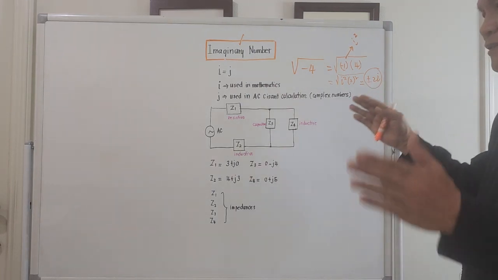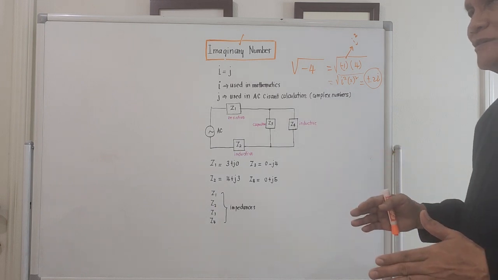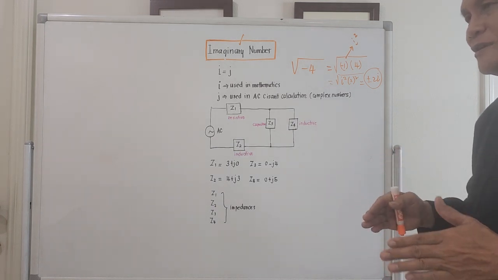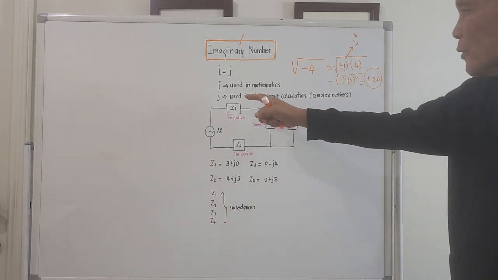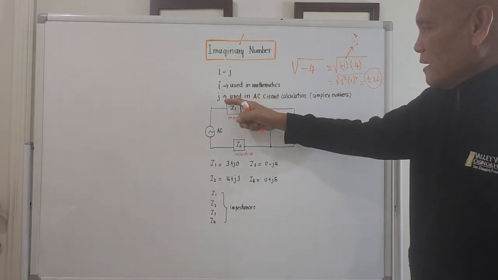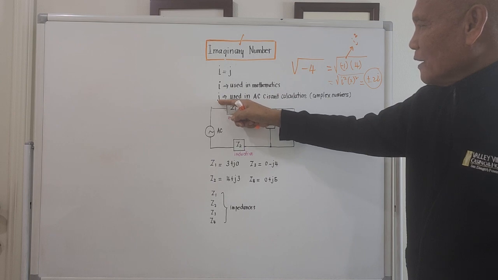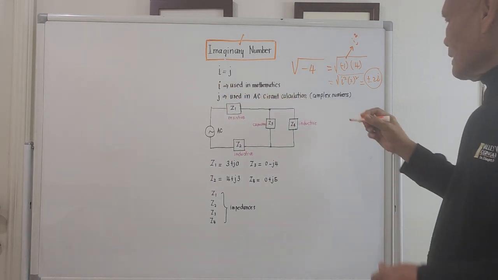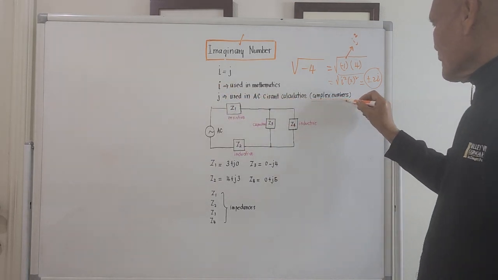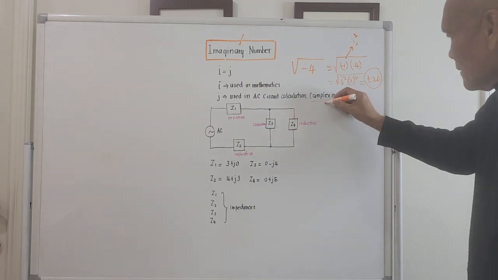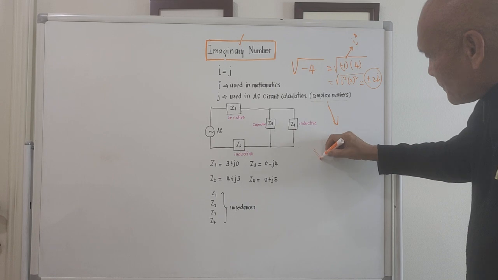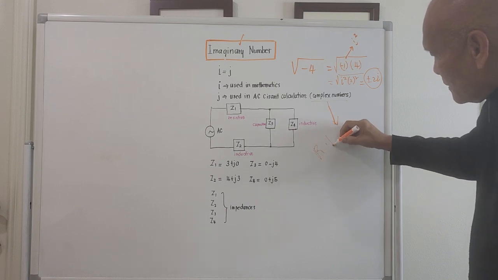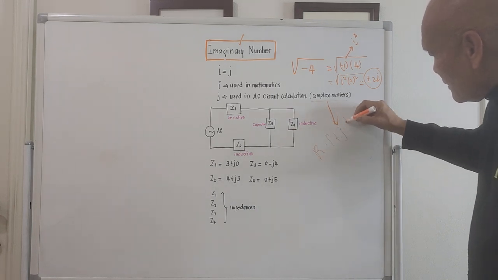But the other equivalent of this, which is very useful to mankind, is that we represent this I by a letter J, and this letter J is actually a complex number, because a complex number contains the real part plus J imaginary part.